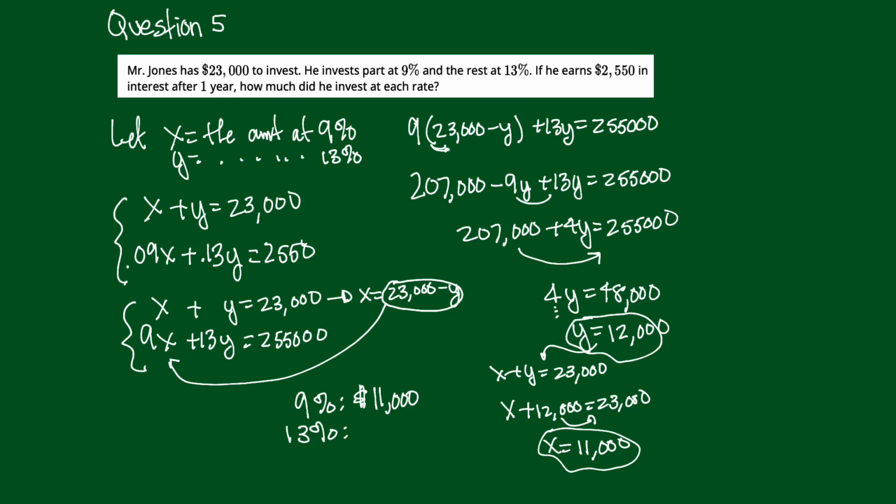At 13%, that was Y, right? That's $12,000. Let me write it so I can actually read it. $12,000. And sure enough, I add them together, I get $23,000. So that's going to be my answer.